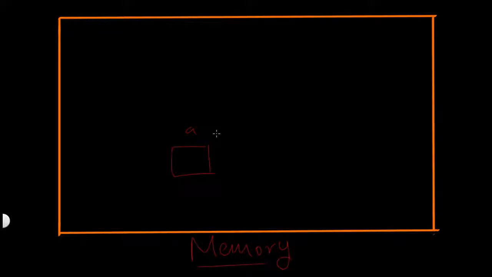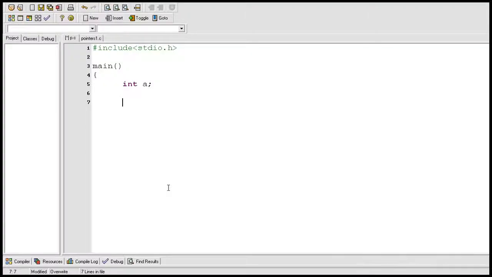Let's say this memory location is allocated to the variable a. Every memory location has an address, so this memory location which is allocated to the variable a will also have an address. I can go ahead and find out the address of the memory location allocated to the variable a.